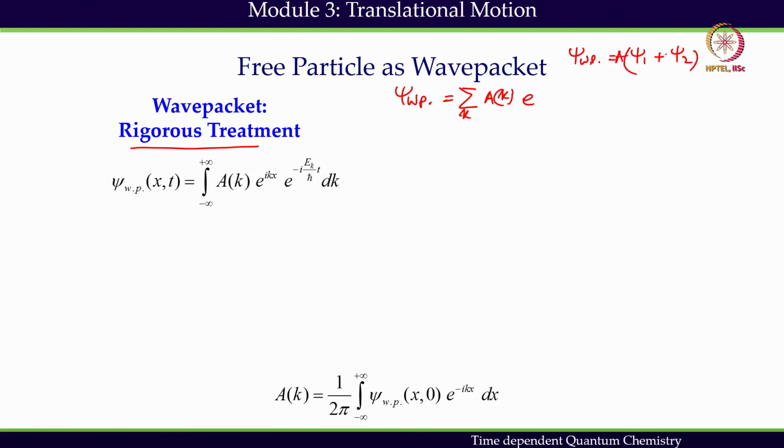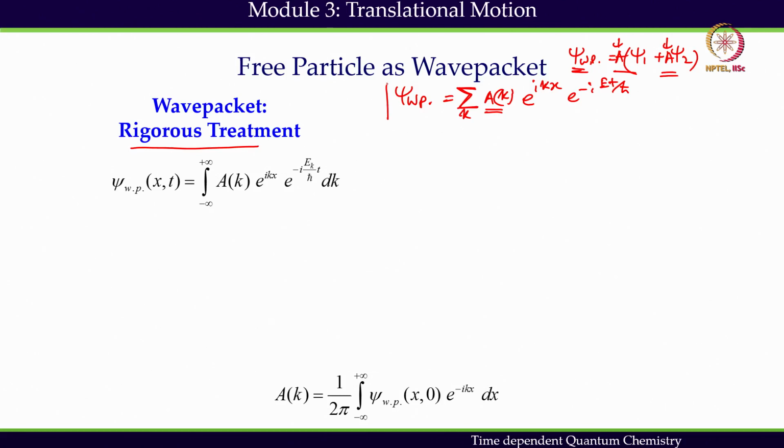When I presented the interference of two matter waves to represent the wave packet, I made a independent of k. I did not select different a for two different waves, but to make it general, I can have a dependent on k, and then I have the same e to the power i kx minus i E t by h cut, and this summation can be over all possible k.